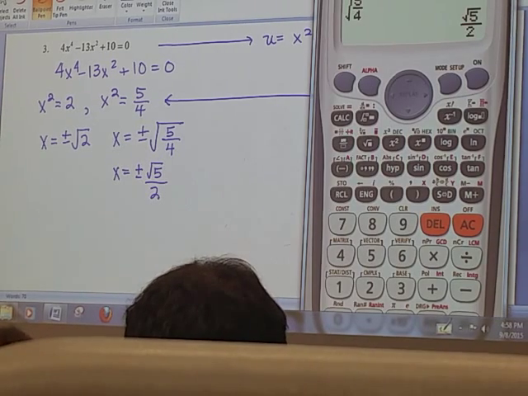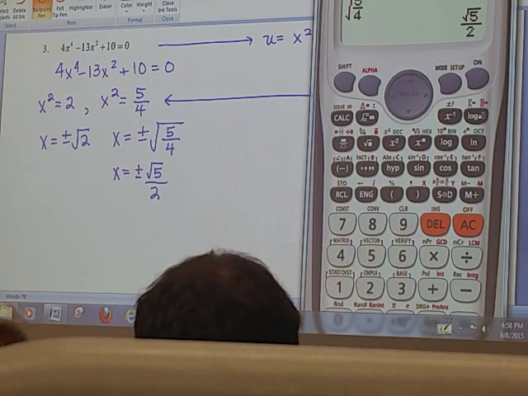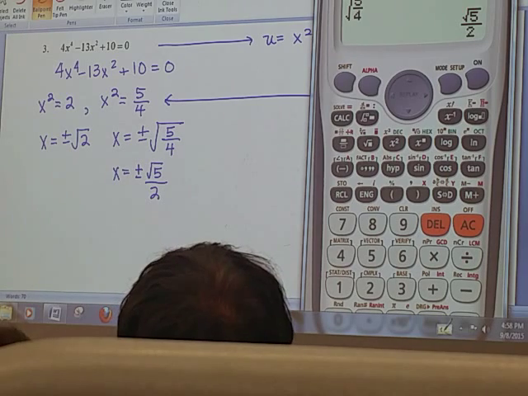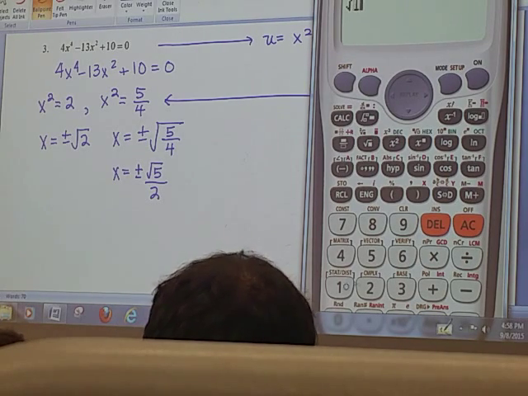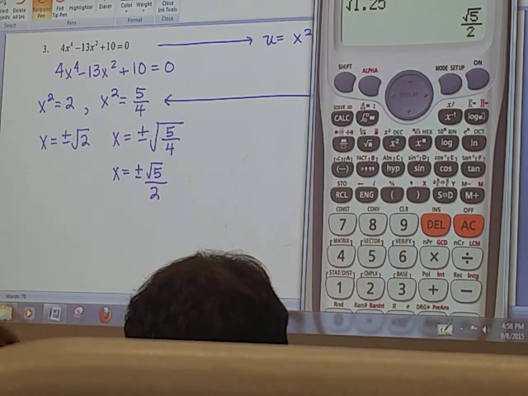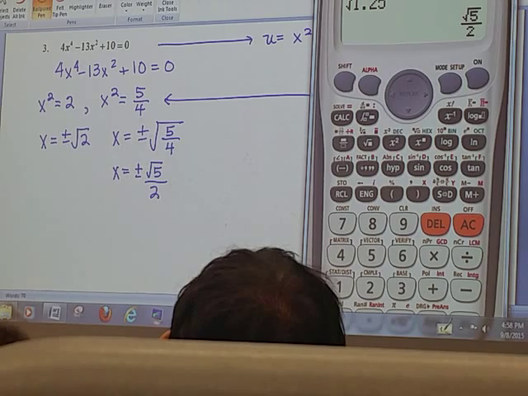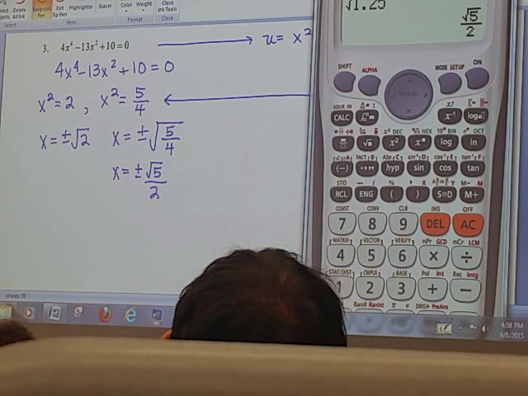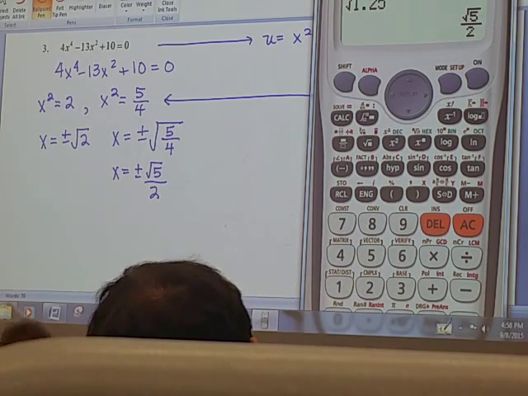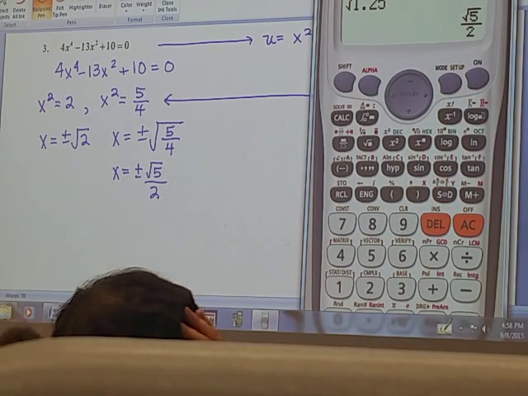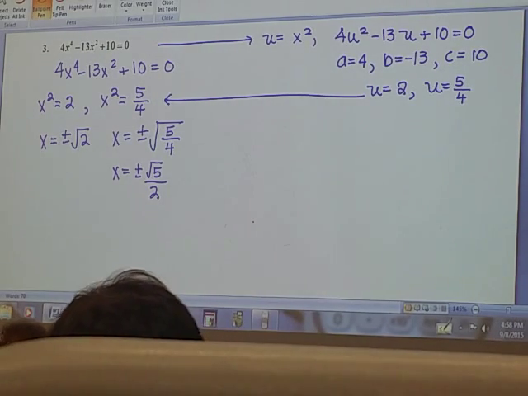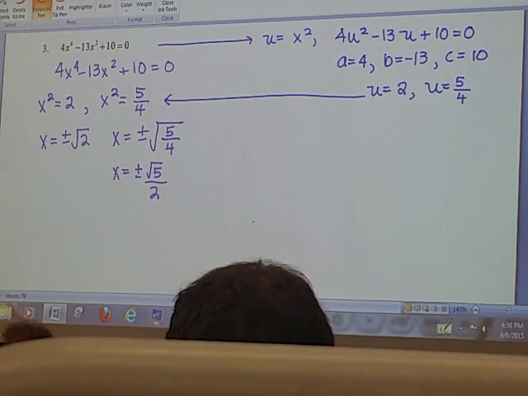And by the way, if you had made that 1.25, which is the decimal version, you could have still done it, because your Casio will give you the fraction answer. You will never see the decimal version as an answer. Everything in math is usually done in fractions rather than decimals. Okay. So it seems not that bad.